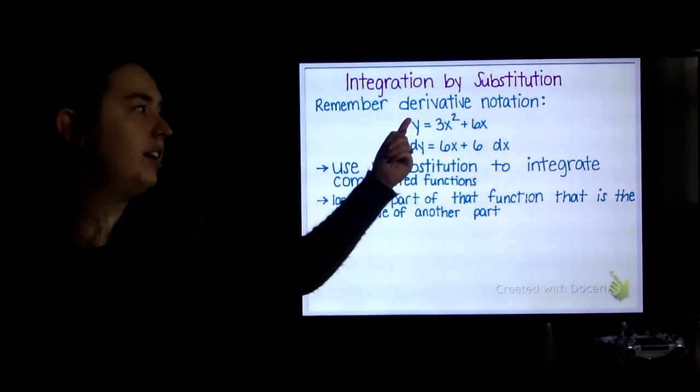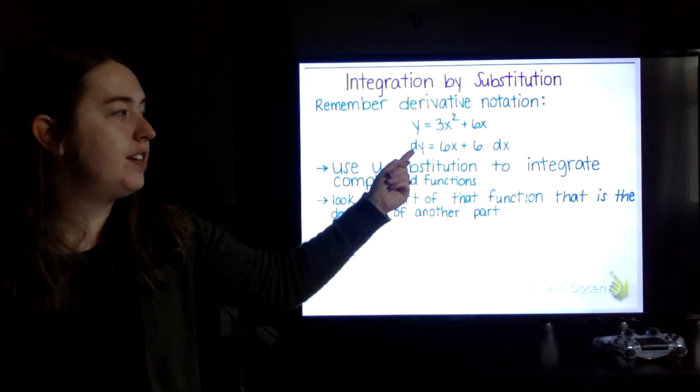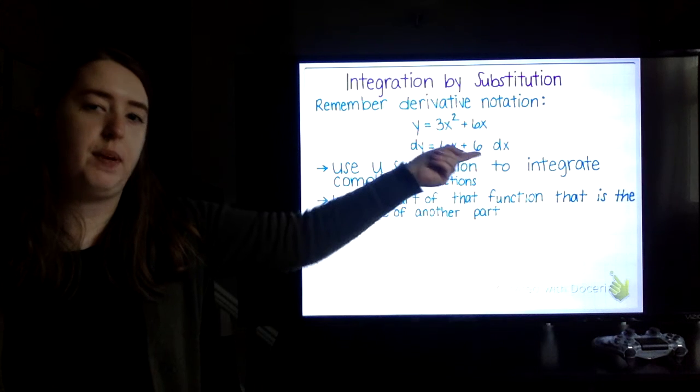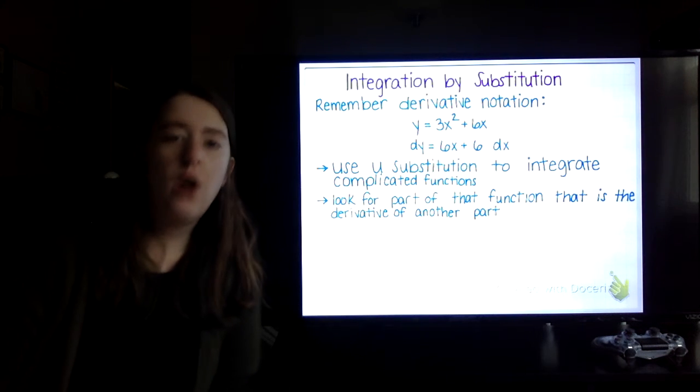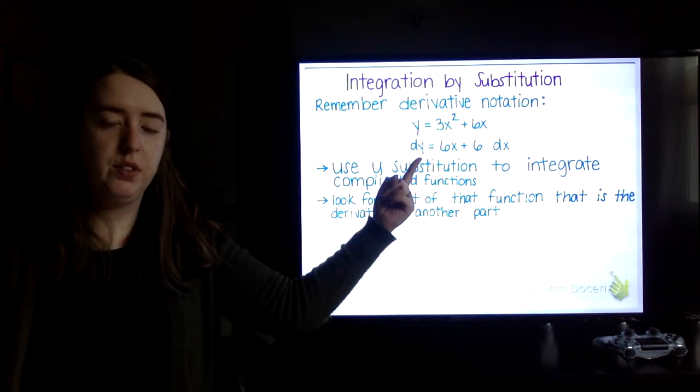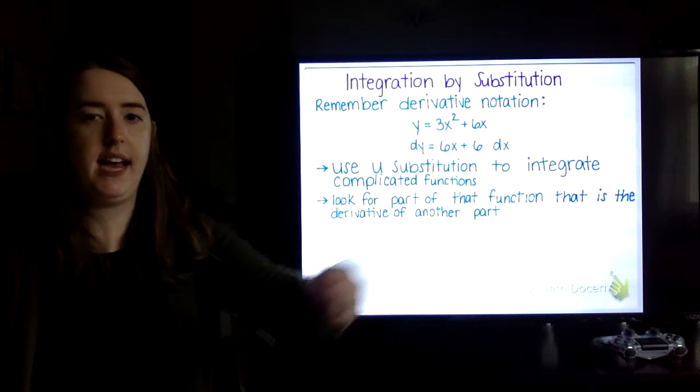So on the left side we took the derivative with respect to y, and on the right side, the derivative with respect to x. So for all of these, we have dy equals whatever that derivative was, dx.